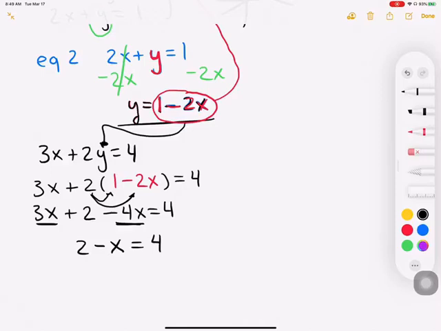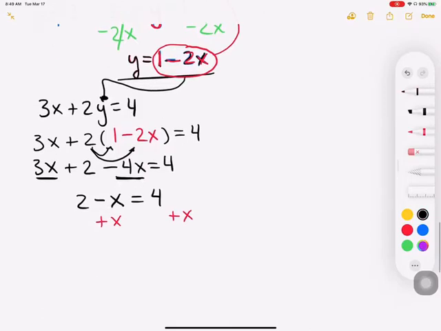So now I have to send all the letters to one side and all the numbers to the other side. In order to get rid of that negative sign, I'm going to add x to both sides. So now I have 2, those x's cancel out, 4 plus x. And then the next step is to send the numbers to the left side, so I'm going to subtract 4 from both sides.